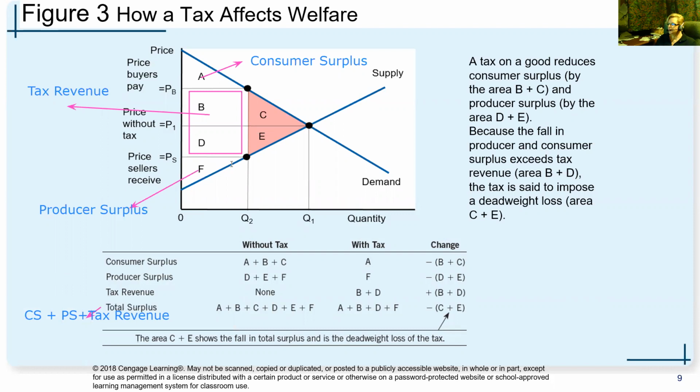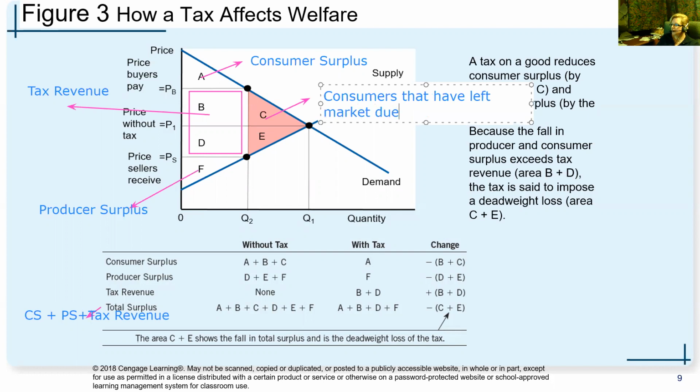We're also going to be talking specifically about these two areas, C and E. These are what we call deadweight loss. Specifically, the top section, C, represents consumers that have left the market due to the tax.